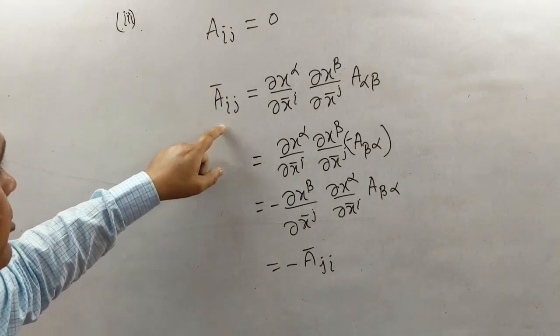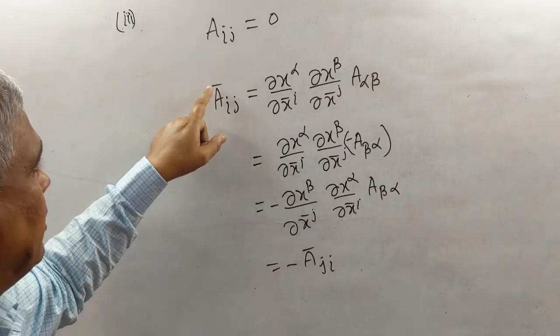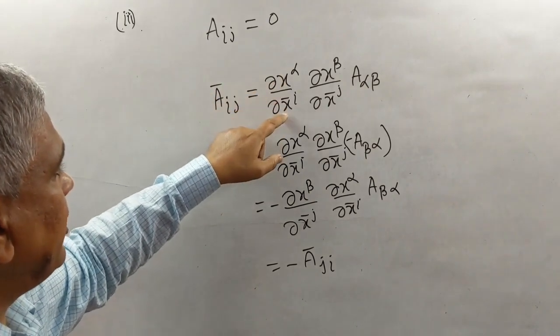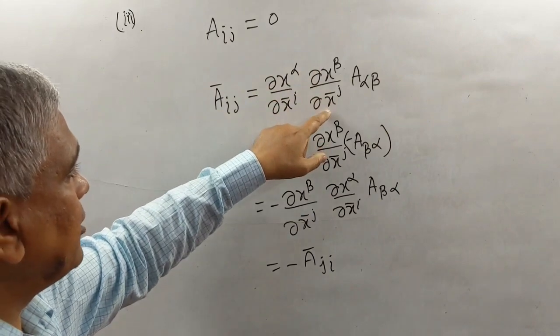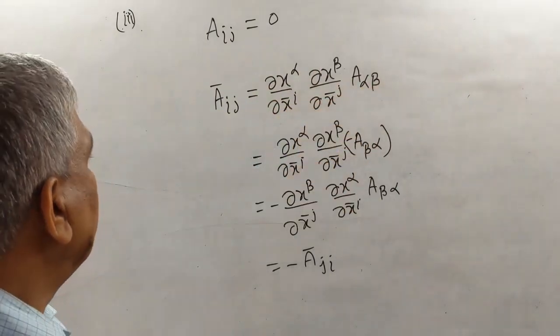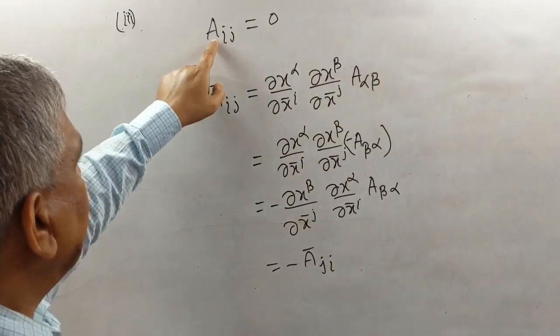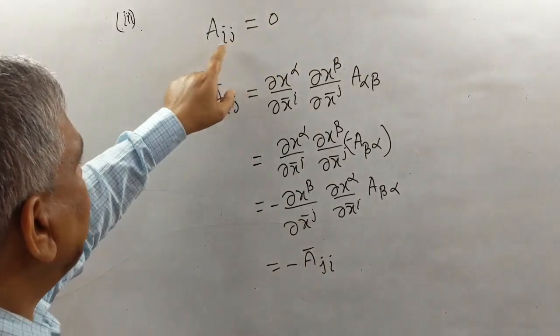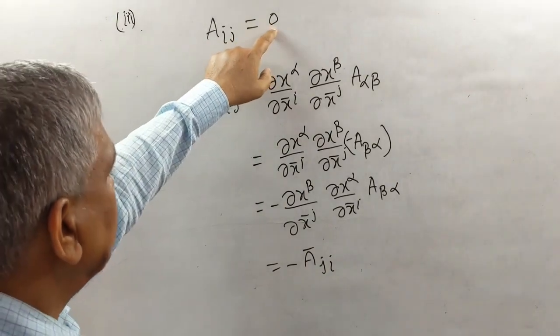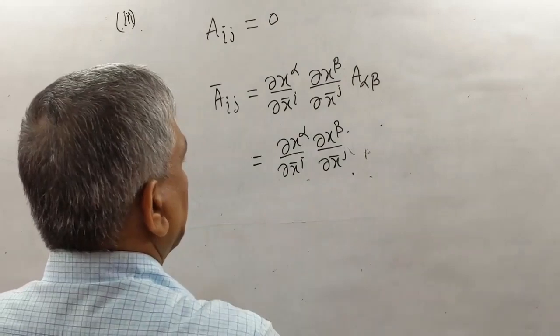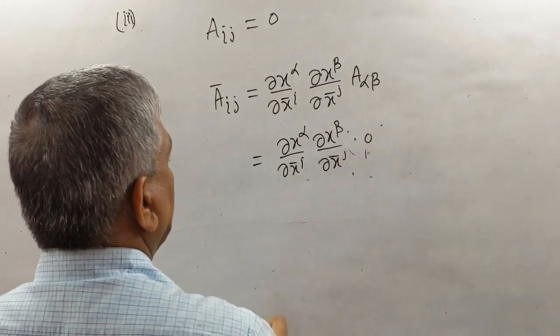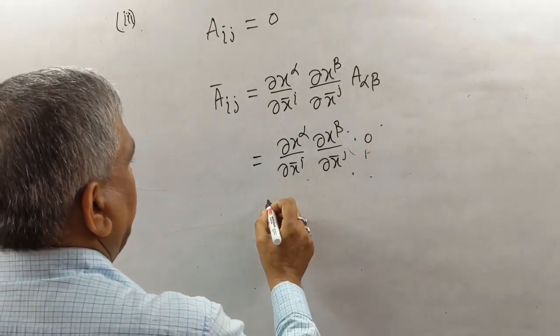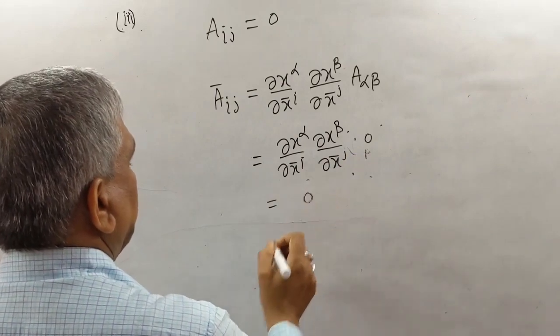According to the tensor law of transformation, A bar ij equal to del x alpha by del x bar i, del x beta by del x bar j, A alpha beta. Here given that Aij equal to 0, that means A alpha beta equal to 0. So this will be 0. That means this equal to 0.